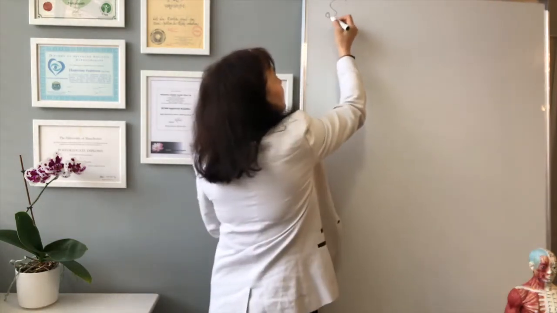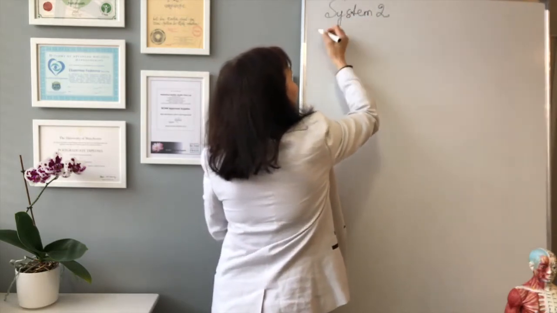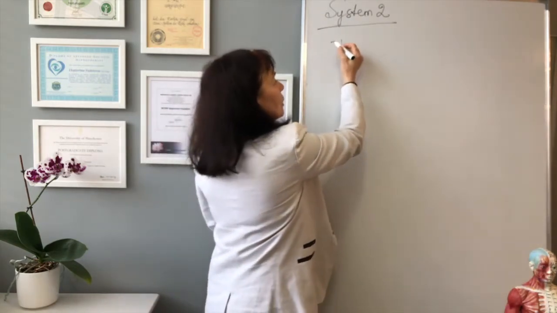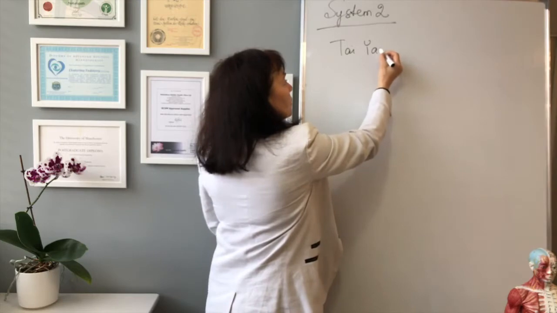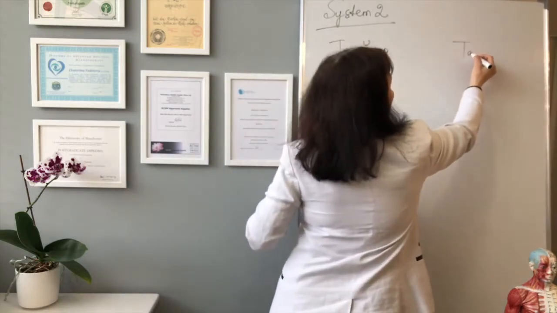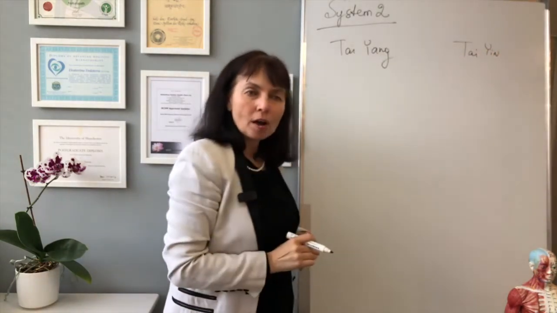Okay, and now we start with system 2. Let's remember the Chinese names of meridians. We will start from Taiyang, and corresponding is Taiying. Who are they?